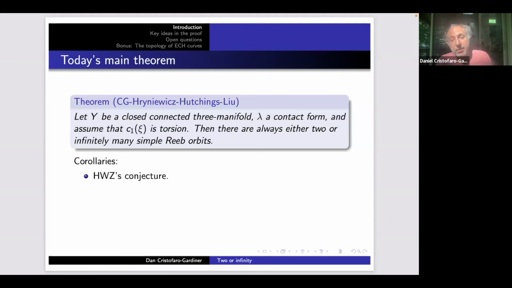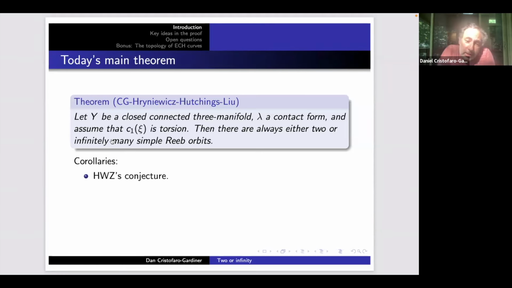First of all, remember the very first conjecture, the conjecture of HWZ from their beautiful paper. It certainly implies that. Why? We just need to check that the Chern class is torsion, and in the case of HWZ's conjecture, the three-manifold is the three-sphere, so certainly the Chern class of the contact structure is torsion.